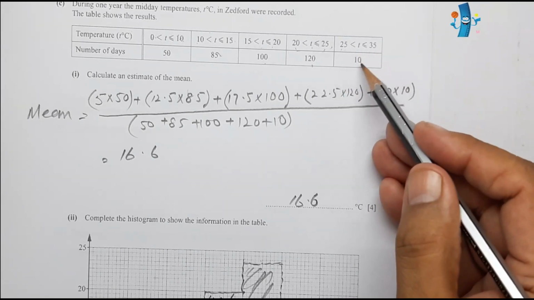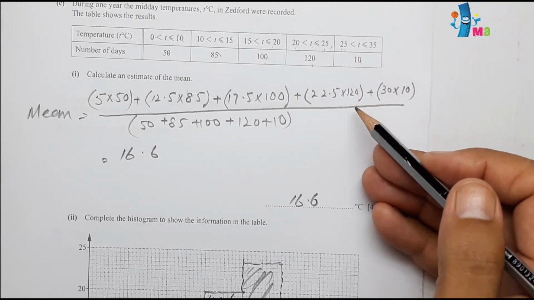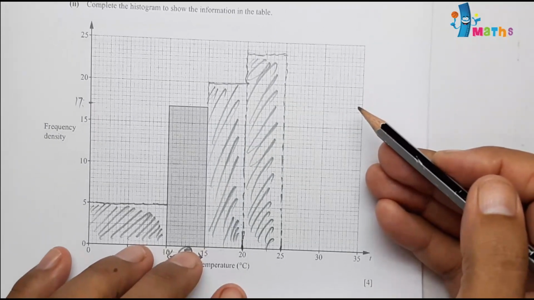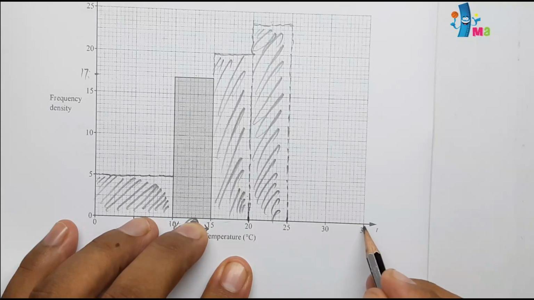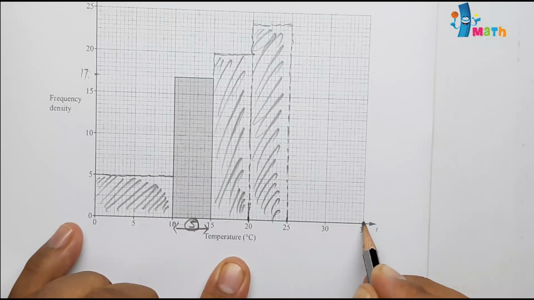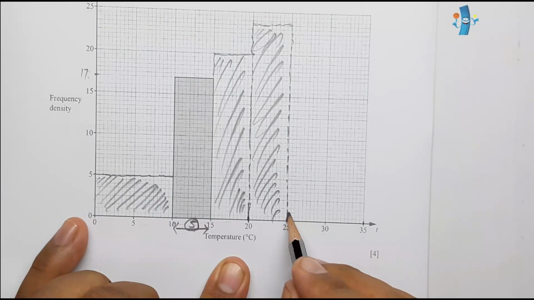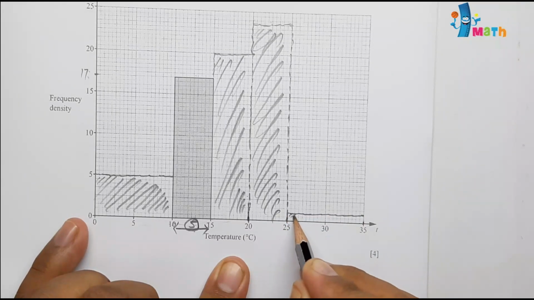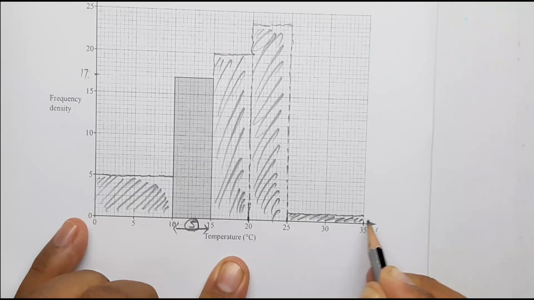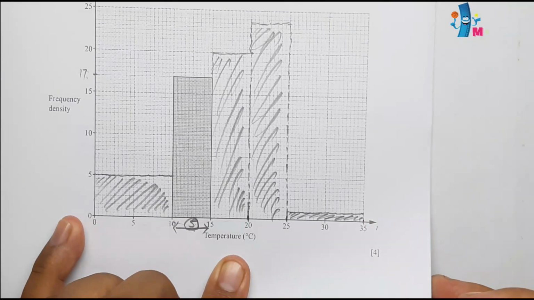So width will be 10 and divided by 10, so it will be having height of 1. So 25 to 35 will be 10, and 1 is two small boxes, so we can take this one, will be this last and final bar.